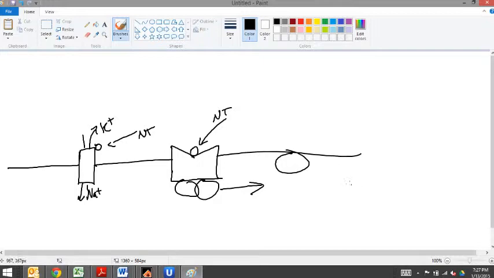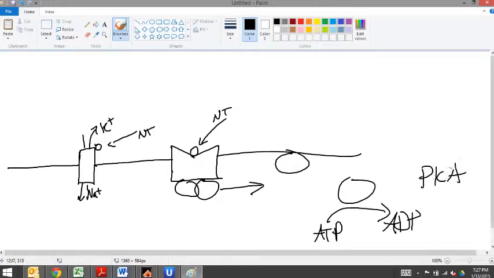Those will activate other enzymes in the membrane, and those will cause things like ATP to be turned into ADP. You'll have protein kinase A. It's going to phosphorylate itself and donate phosphate groups to different ion receptors.